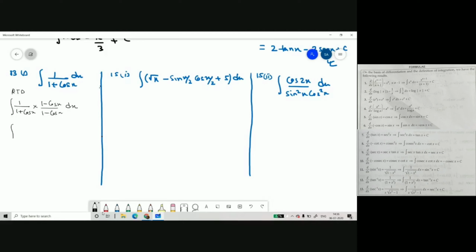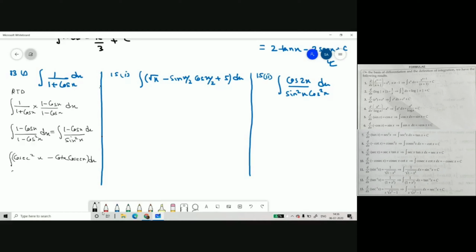So this becomes (1 minus cos x) by (1 minus cos square x) dx, which becomes (1 minus cos x) dx by sine square x, which becomes 1 by sine square x, that is cosec square x, minus cos x by sine square x, which is nothing but cot x cosec x dx. Am I correct or not?